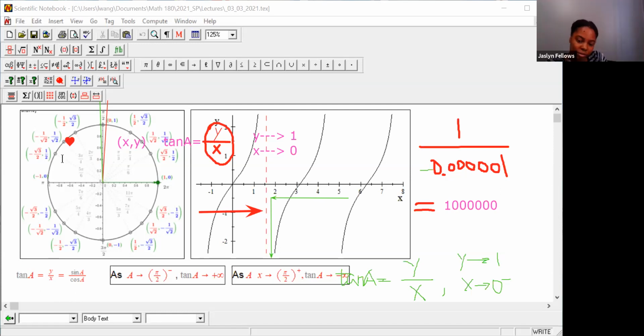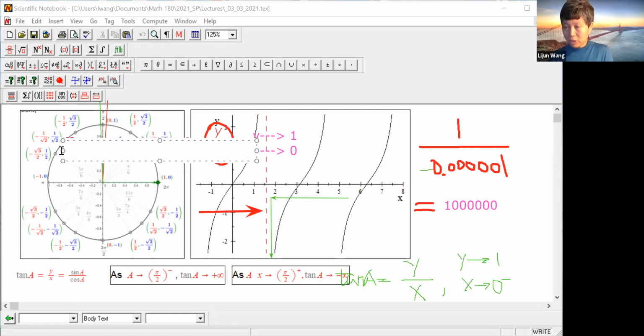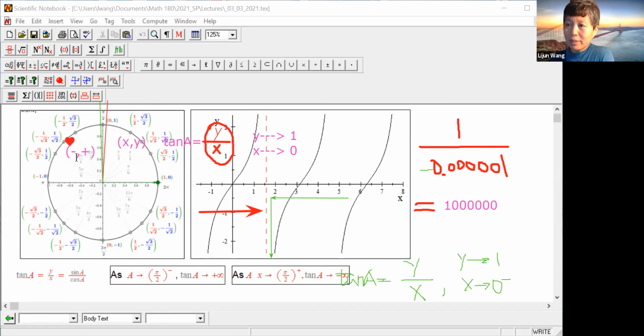Yes. Very good question. On this quadrant, the x coordinate is negative, the y coordinate is positive. You take the positive divided by negative, and of course tangent is going to be negative. Do you guys follow me? It can all go back to the very basics.